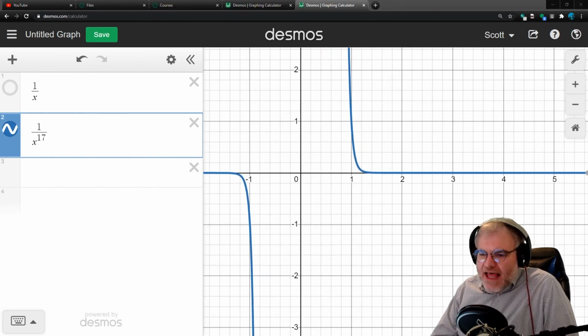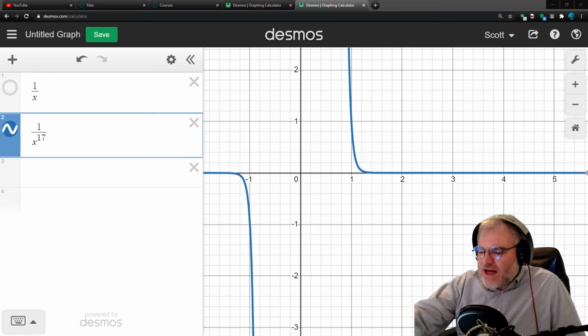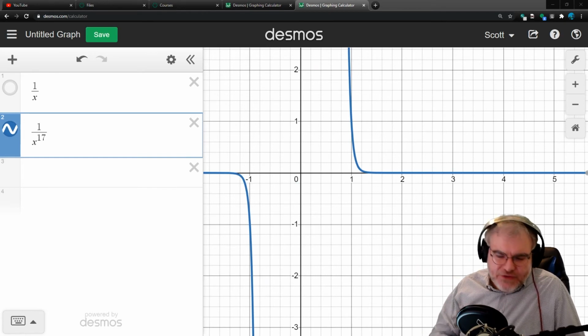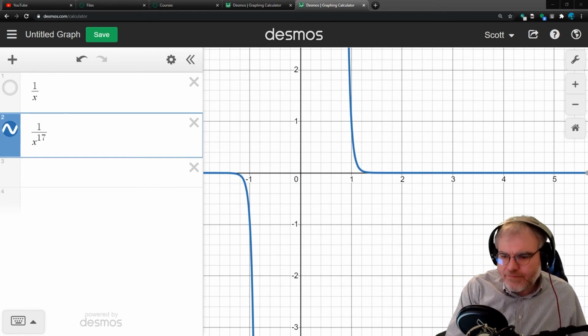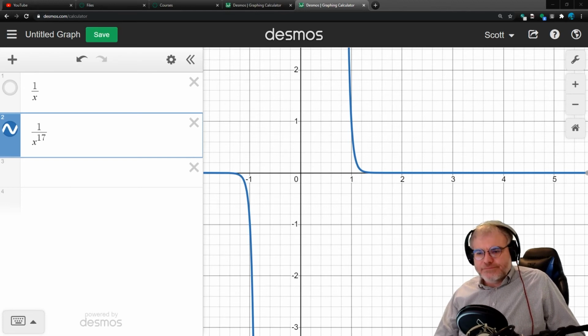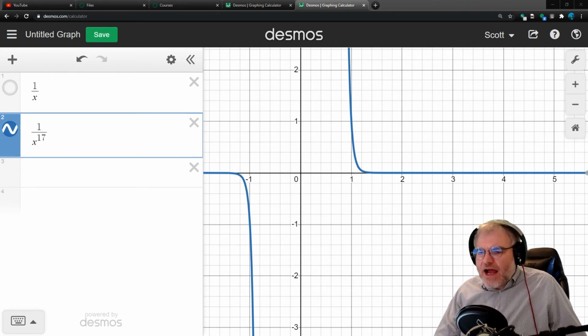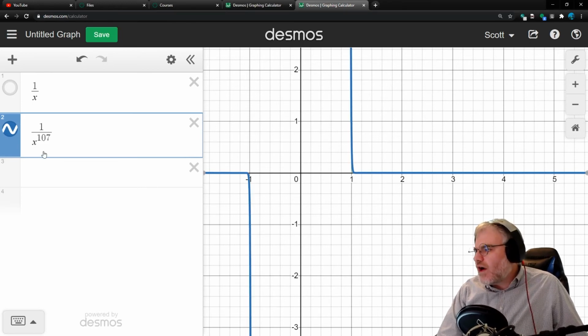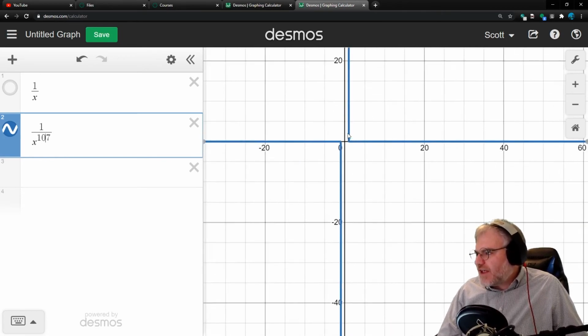How do we feel about that 1 to 5? That if I have an odd power on the bottom, the end behavior doesn't change. Whatever the odd power is, if I do 1 over x to the 107th, as it gets to 1, it starts heading off to negative infinity really fast.